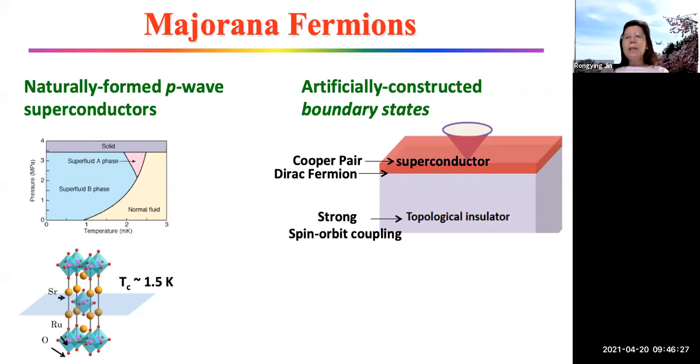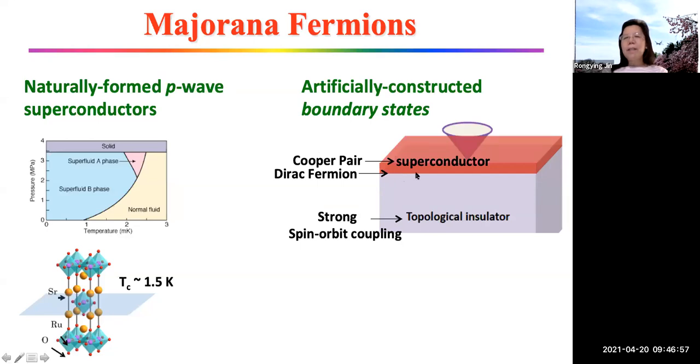Another thing, shown on the right-hand side, is much more durable. In a sense, you just add normal superconductors, or so-called singlet superconductors, which we have tons of, fabricated on top of so-called topological insulators, which I will introduce very soon. When you do this, there will be an interface.